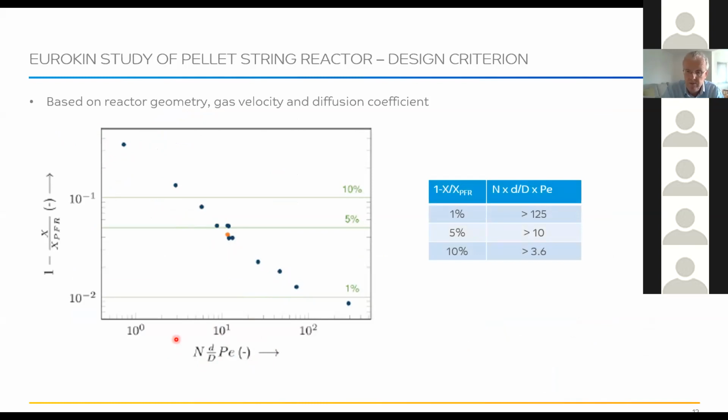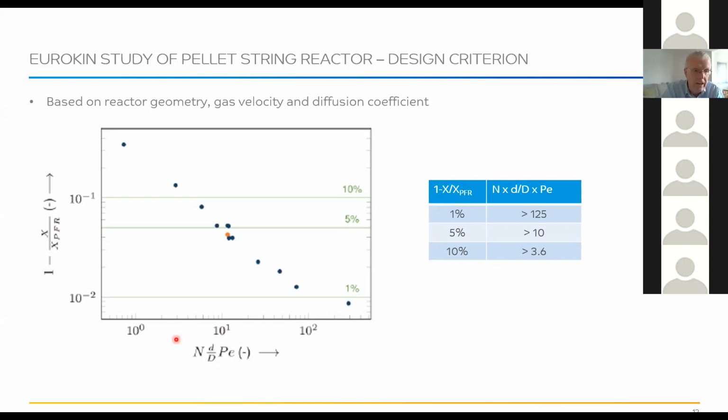And they came up with some design criteria for the deviation from plug flow. So that's quite an interesting study, and they've actually extended that study since this initial publication to look at extrudates and things as well, not just spherical particles, and also if you've got exothermic reactions present and things like that. So that's quite an interesting study.